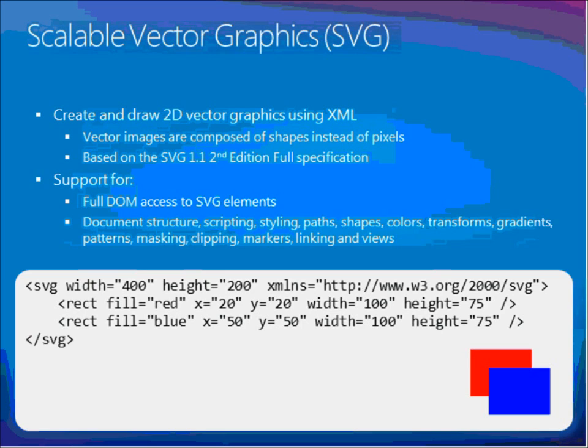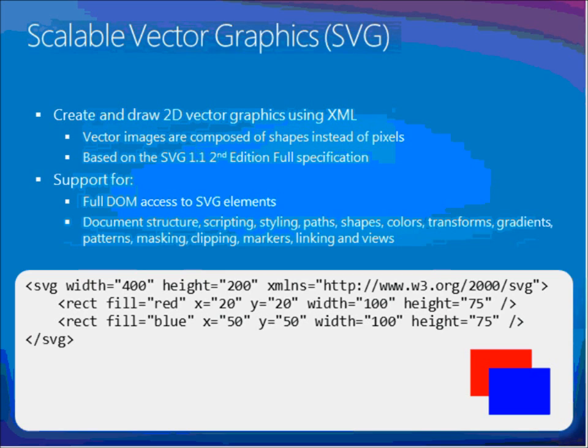Because the SVG is drawn inline with your HTML, you'll notice on the screen I've got SVG width and height and the XML namespace, and then I have just two rectangles. Now again, this is just a super simple example, but it gives you an idea of what you can do.